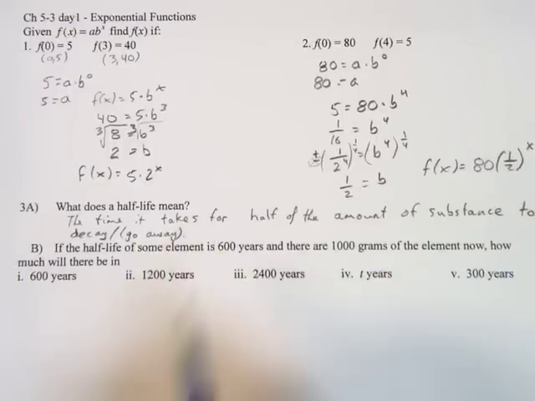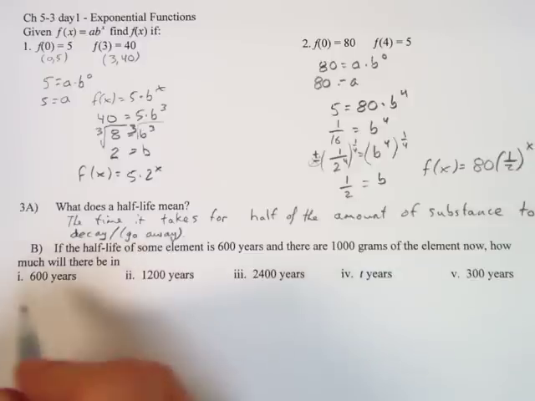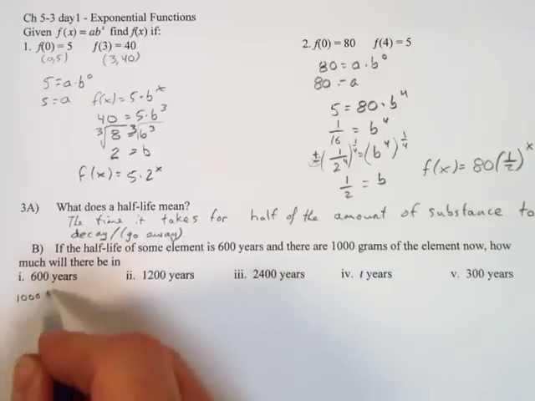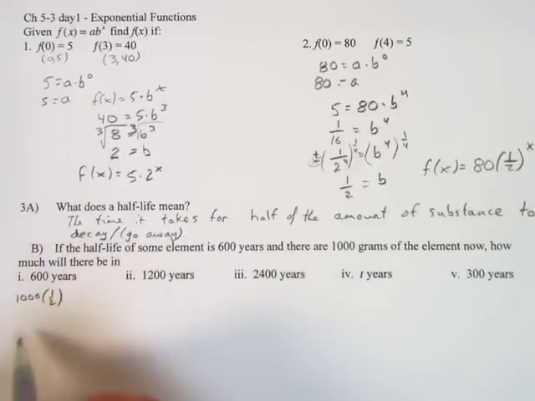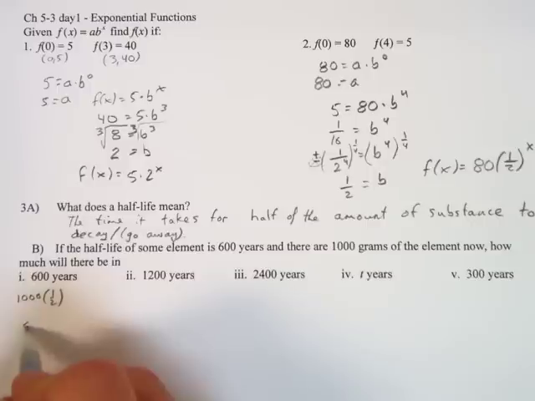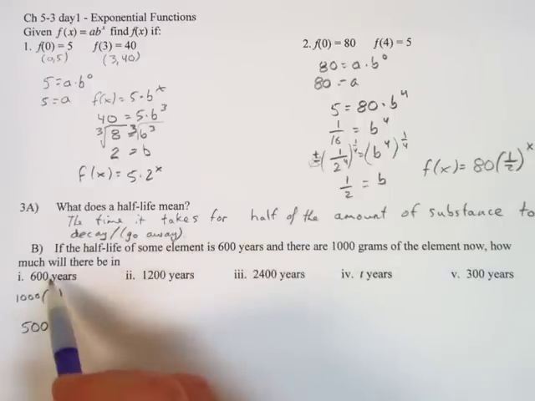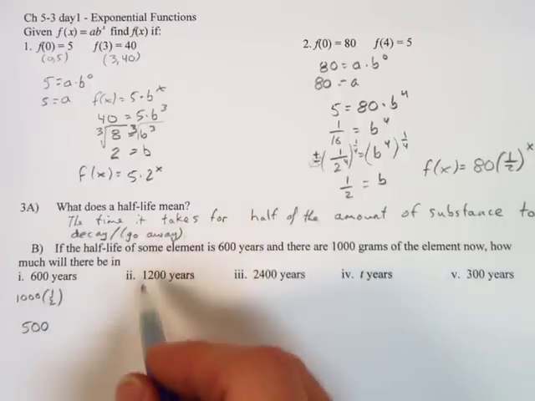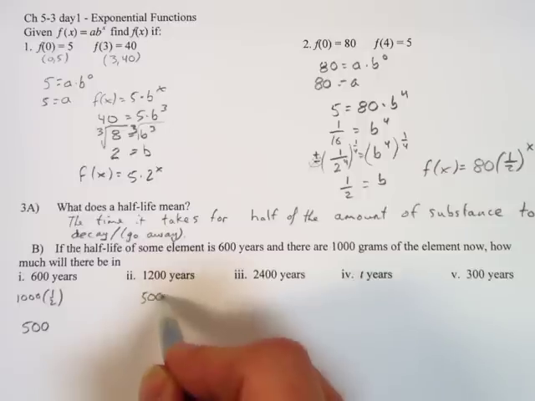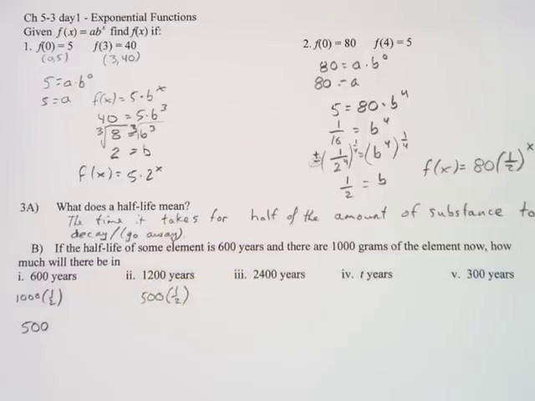600 is one half-life, and so we'll have 1,000 times a half, which will be 500. How much will there be in 1,200 years? Well, you can see that we went 600, so we're going to go another 600, so we could take our 500 times 1/2.